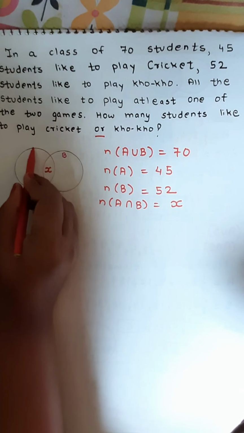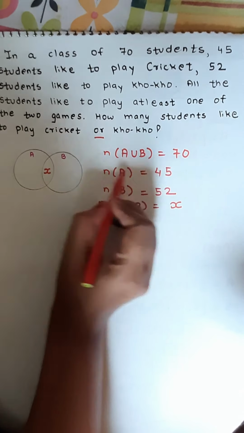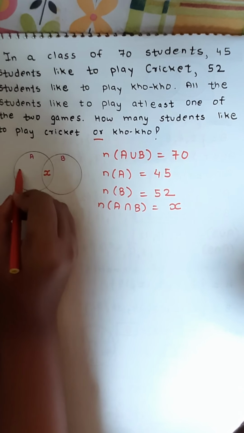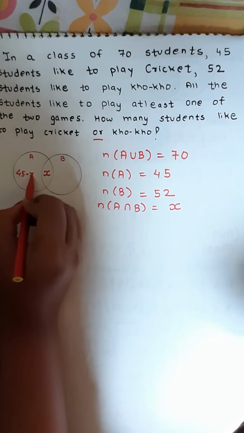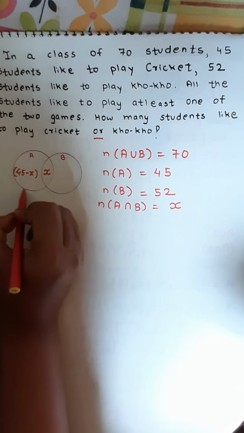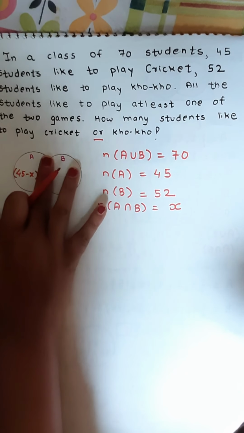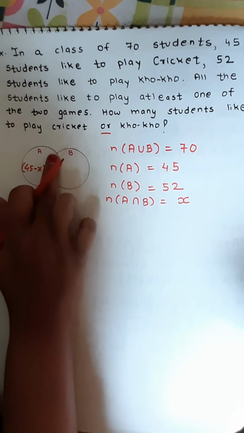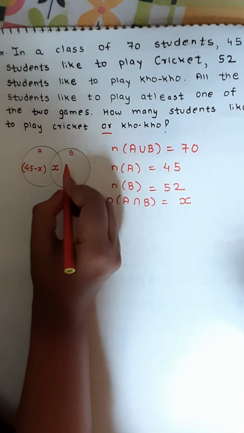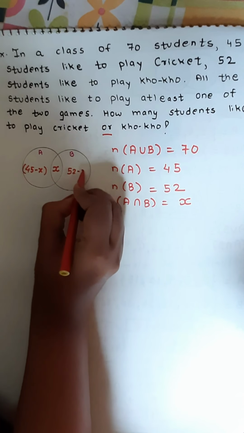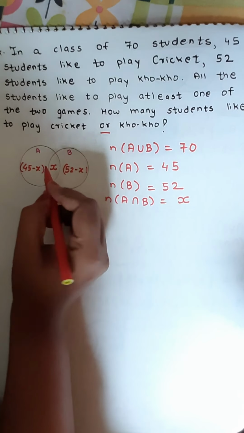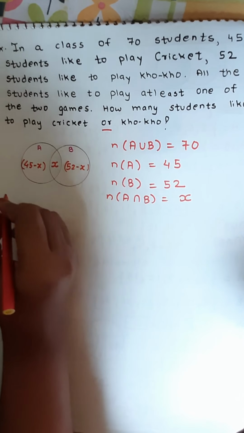Okay, now this total A is 45. So this part, which does not include the common part, will be 45 minus x. Those who like to play only cricket are this part, not the common part. Now the ones who like to play only Kho-Kho will be 52 minus x. x means common. So let's write the formula and try to solve it.